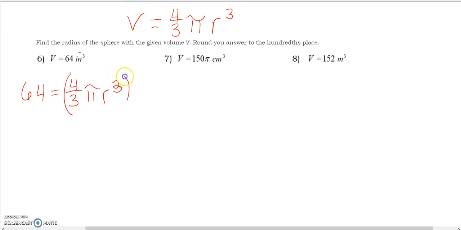The first thing I'm going to do is multiply by the reciprocal, 3/4, to get rid of my fractional coefficient.